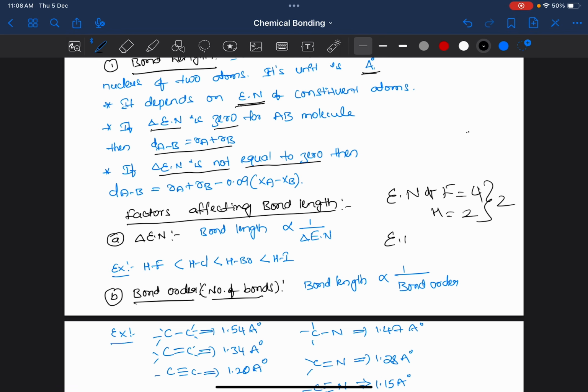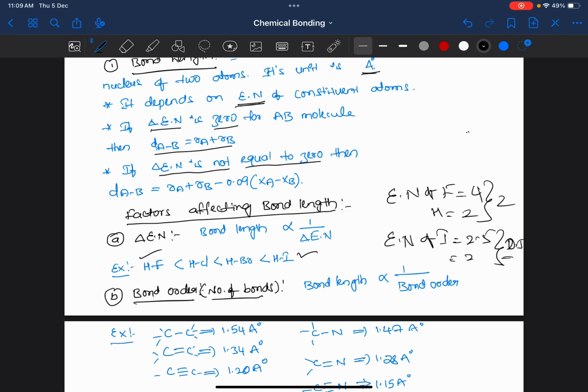In the same way, the electronegativity of iodine is 2.5 and hydrogen is 2, so the difference is only 0.5. So the electronegativity difference is more in hydrogen fluoride, and the bond length is more for hydrogen iodide.